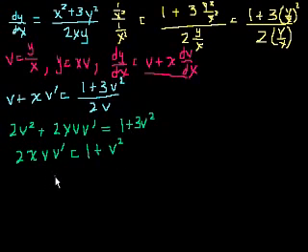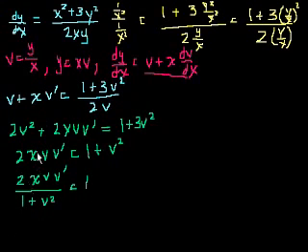And we want it to be separable, so let's put all the v's on the left-hand side. So we get 2xv v prime divided by 1 plus v squared is equal to 1.